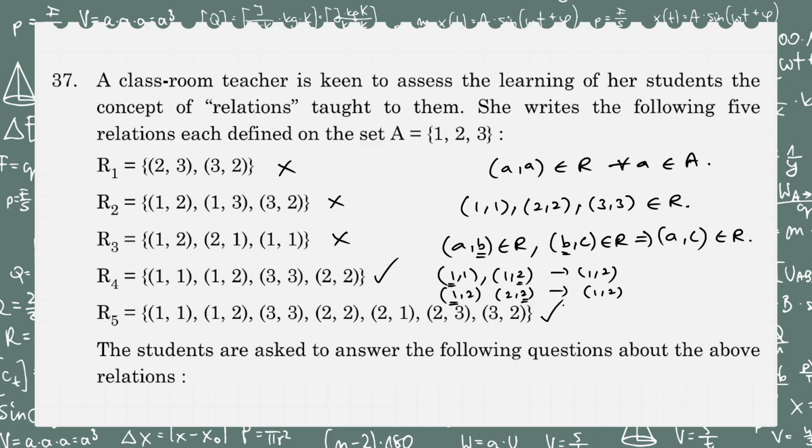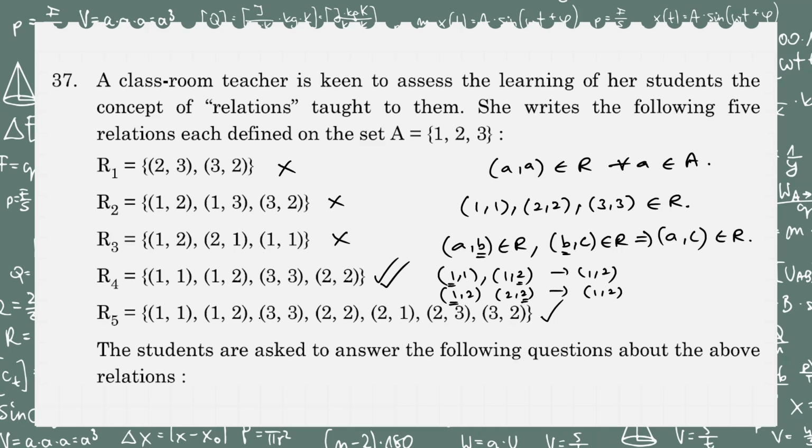I already have it. We don't have any other entry with (a, b) and (b, c) matching, so we only have these 2 pairs. Both of them give a result included in the same set. So we can say R4 is obeying the transitive property as well.